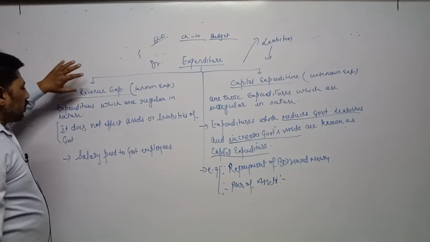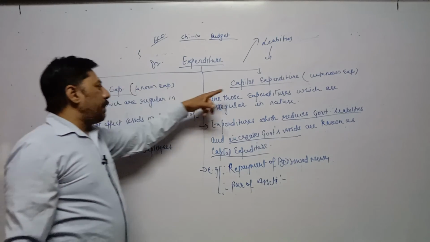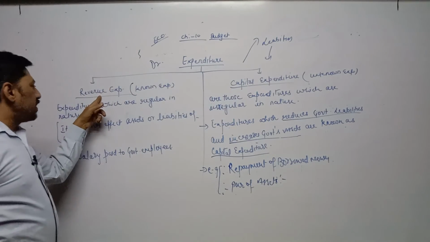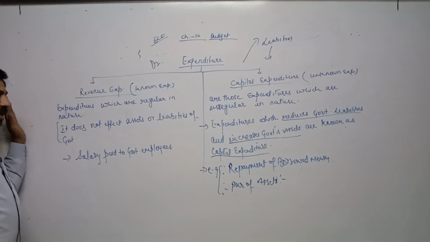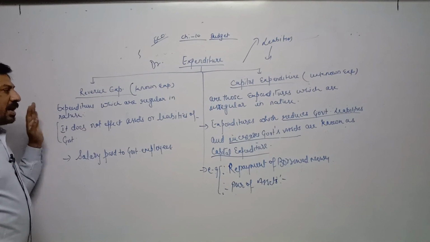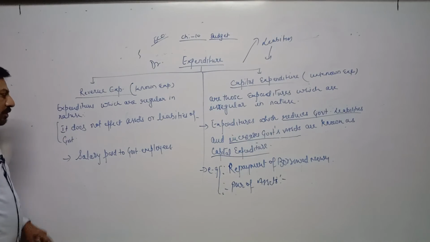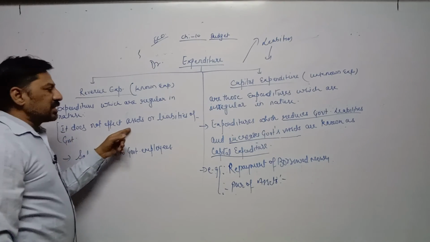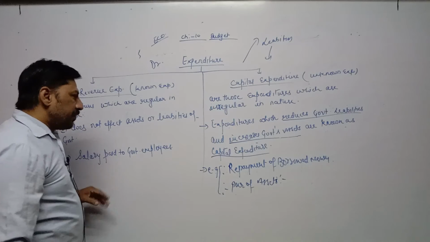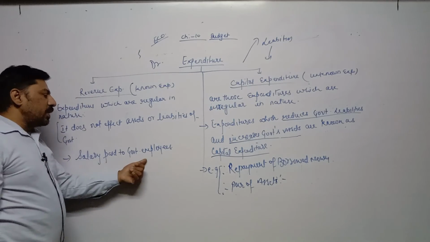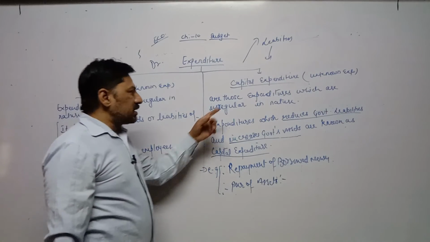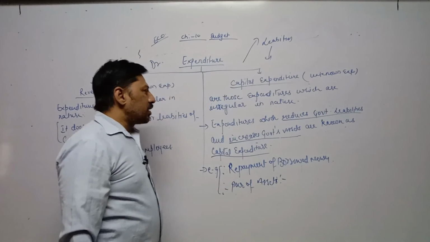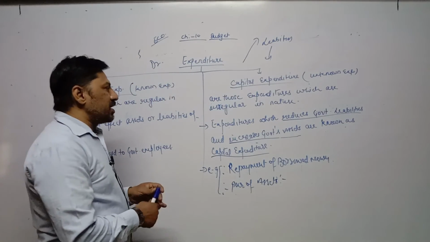Now expenditure is also of two types: revenue expenditure and capital expenditure. Revenue expenditures are those which are regular in nature. Revenue income and revenue expenditure are both regular in nature, and they do not affect assets or liabilities of the government. For example, salary paid to government employees is an example of revenue expenditure. On the other side, capital expenditures are those which are irregular in nature.